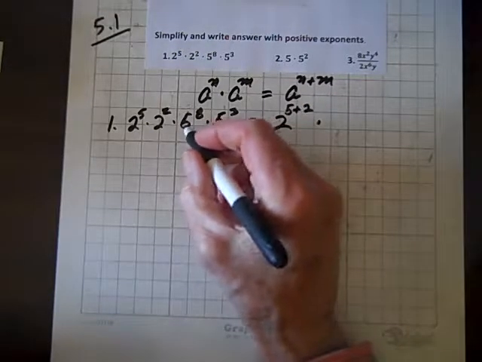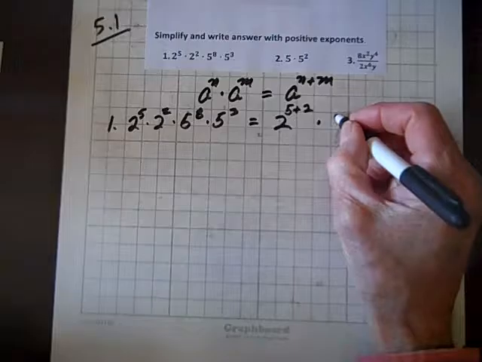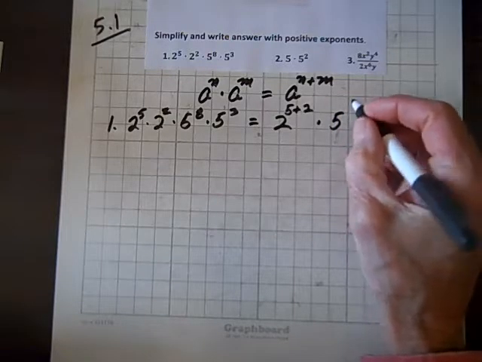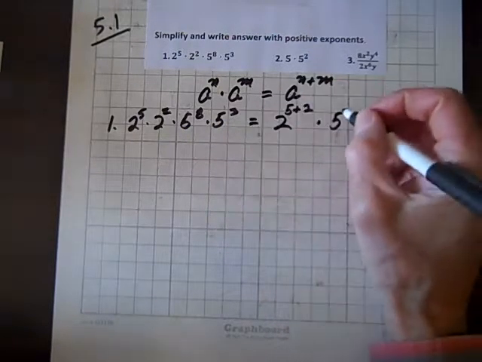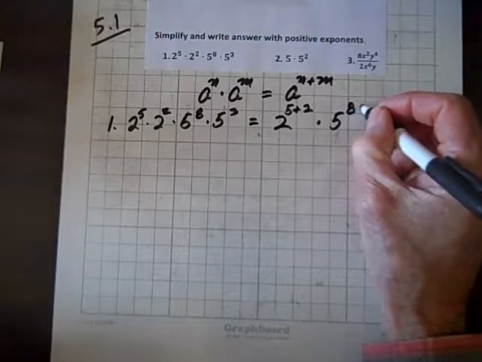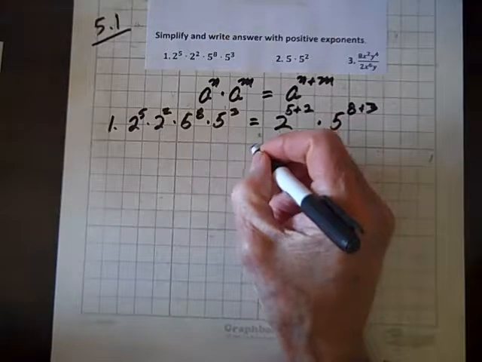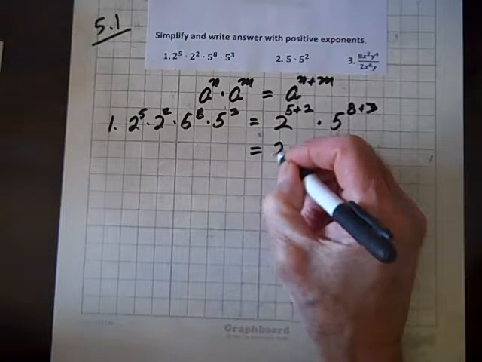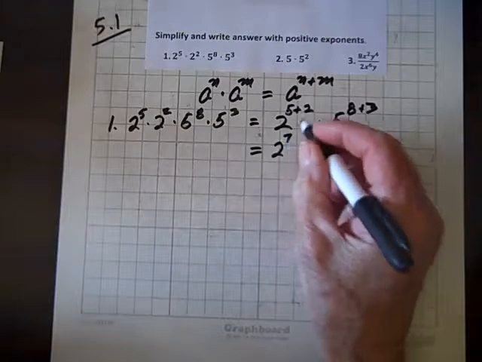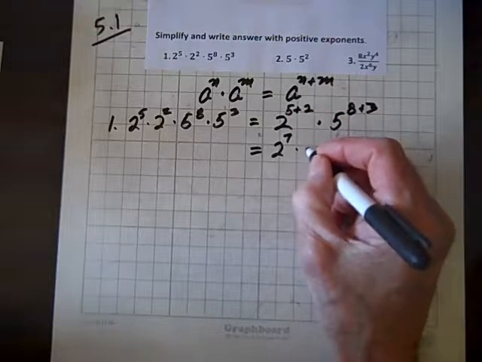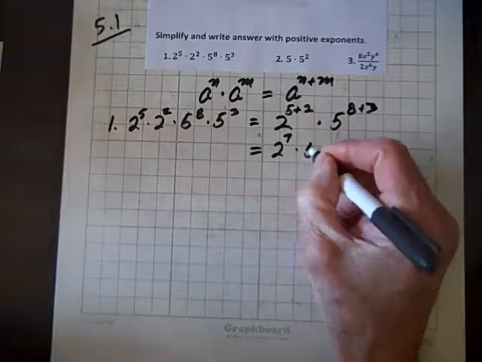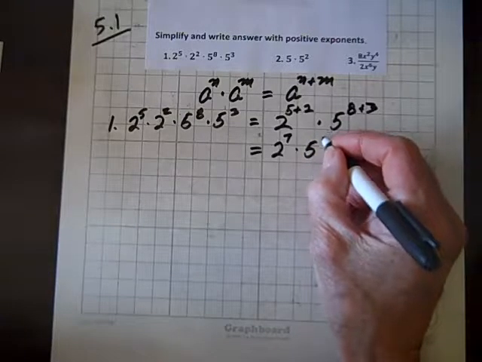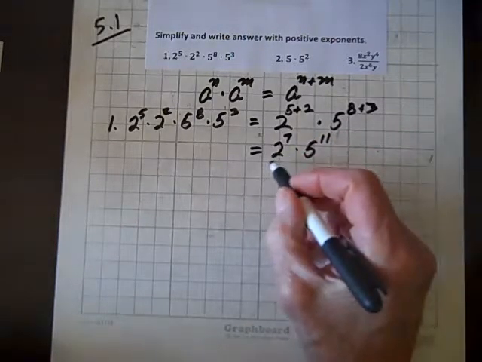And here we have the base 5, and these are identical bases, so we can add 8 plus 3, and what we get is 2 to the 7th, 5 plus 2 is 7, times 5 to the 11th, since 3 and 8 is 11, and we'll just leave it at that.